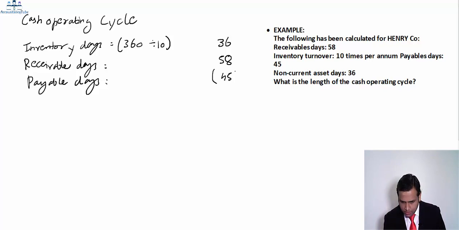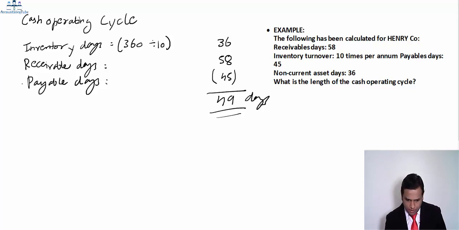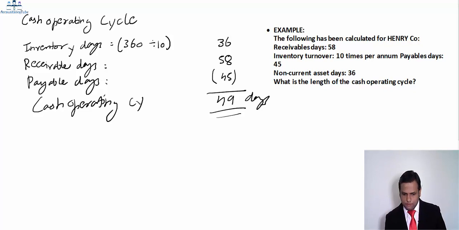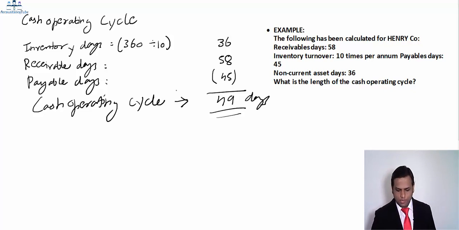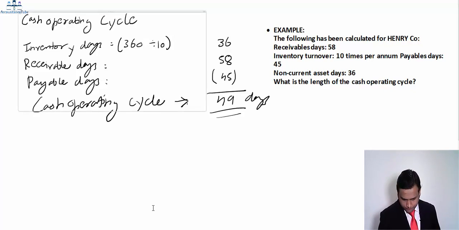And we are already given payable days over here, that is 45. All we need to do now is to compute them, and the answer becomes 49 days. This is our cash operating cycle of Henry Co. Coming back to our notes.